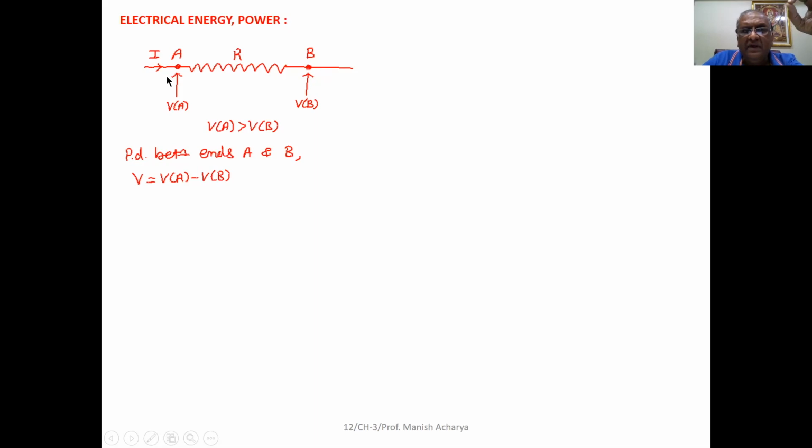Suppose potential at A is VA and potential at B is VB, then we can write here VA is greater than VB. So potential difference between A and B we can write V equal to VA minus VB. Clear up to this one?